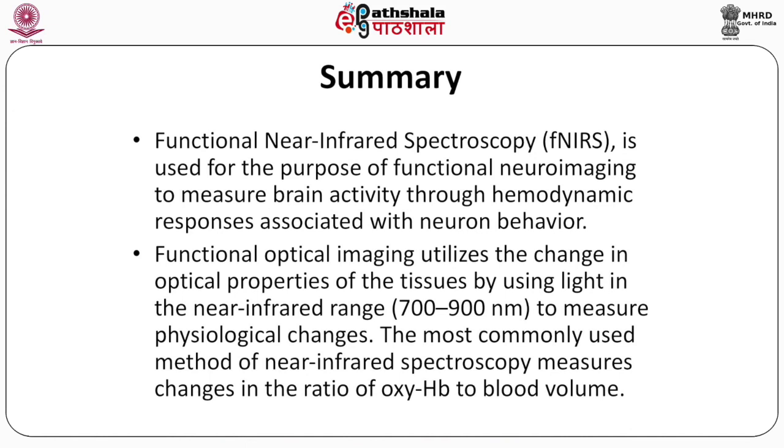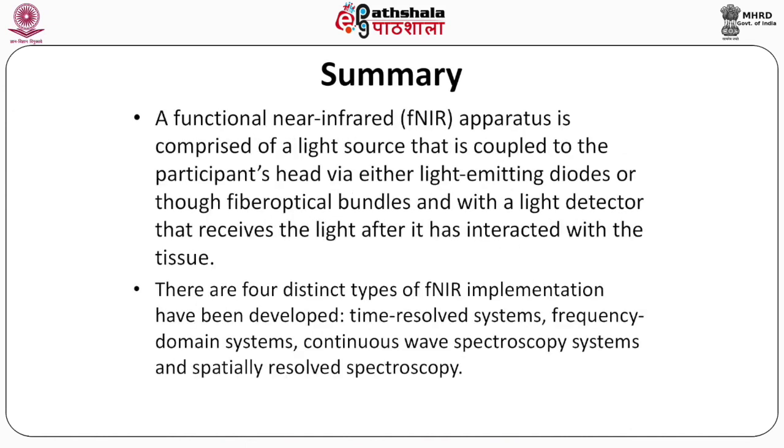The most commonly used method of near infrared spectroscopy measures changes in the ratio of oxyhemoglobin to blood volume. A functional near infrared apparatus is comprised of a light source that is coupled to the participant's head via either light emitting diodes or fiber optical bundles, and a light detector that receives the light after it has interacted with the tissue.